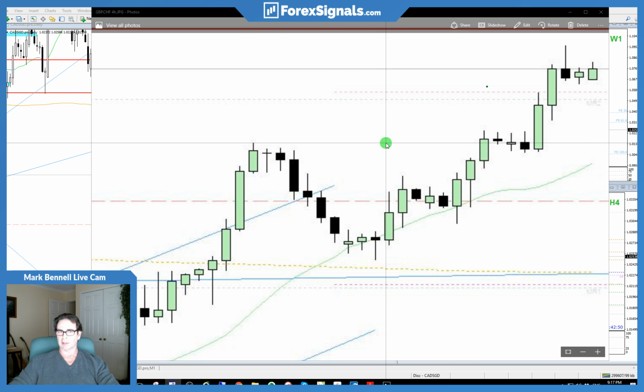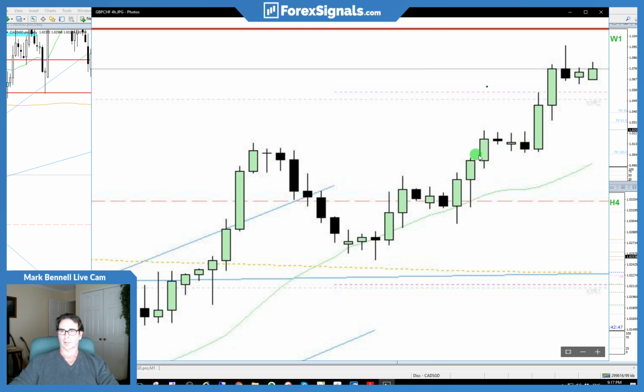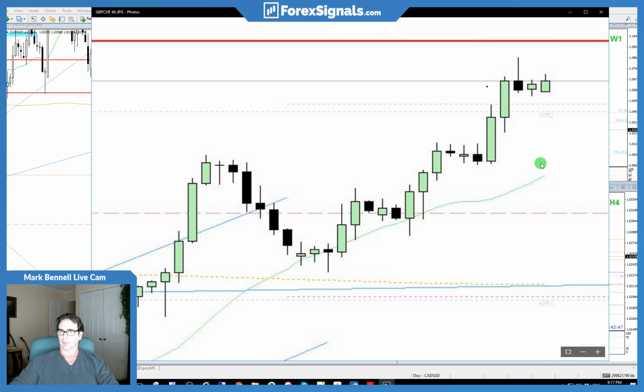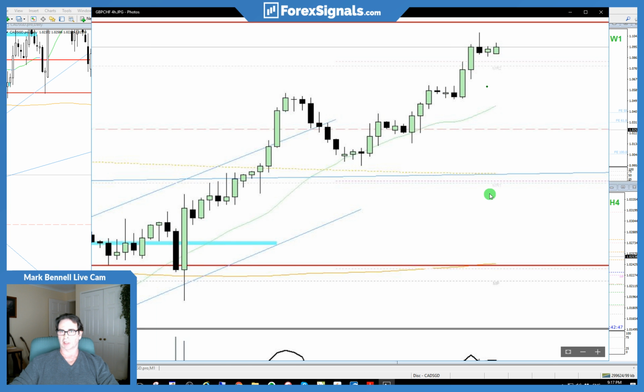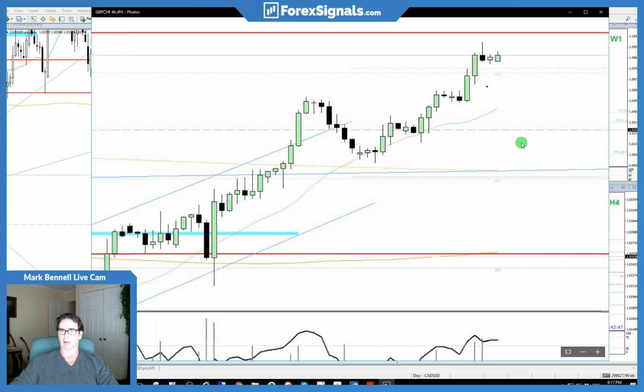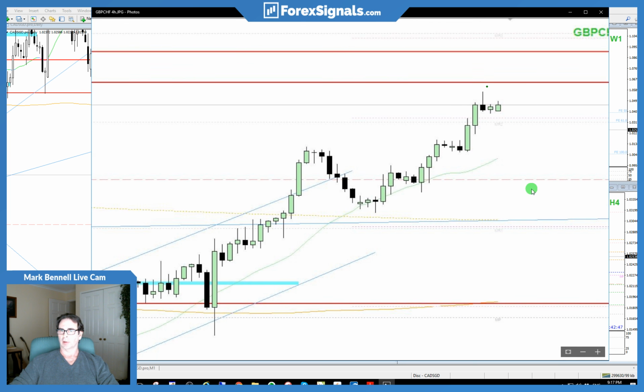See the context? See the pullback inside it? Let's have a look at the volume signal. So this is an enhanced one because of this push here. My only concern with this one would be the pullback inside it.